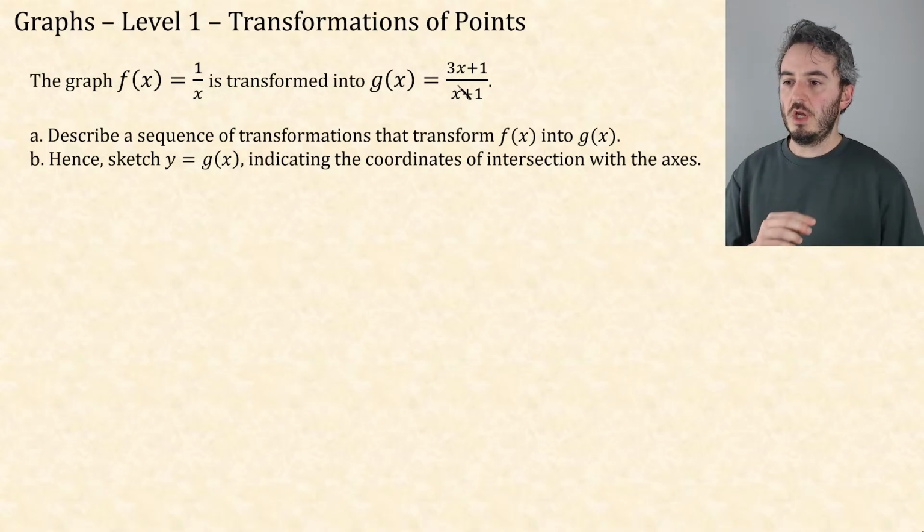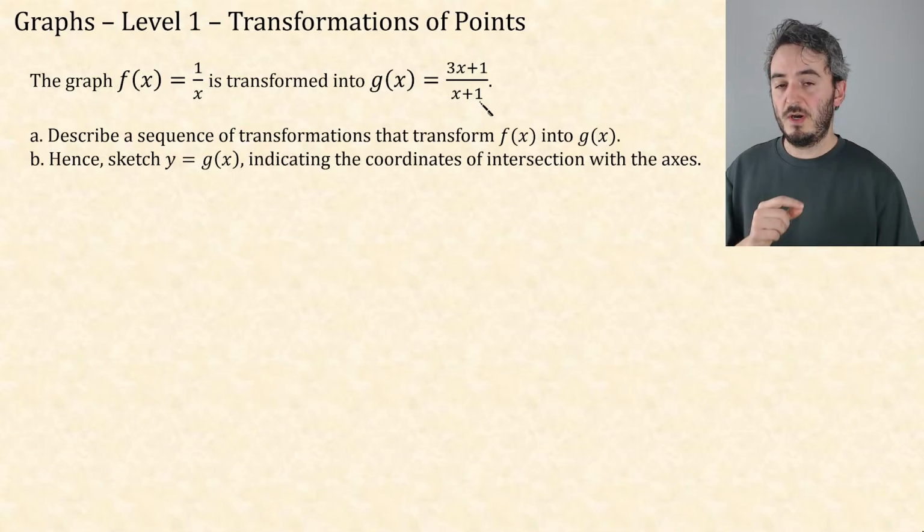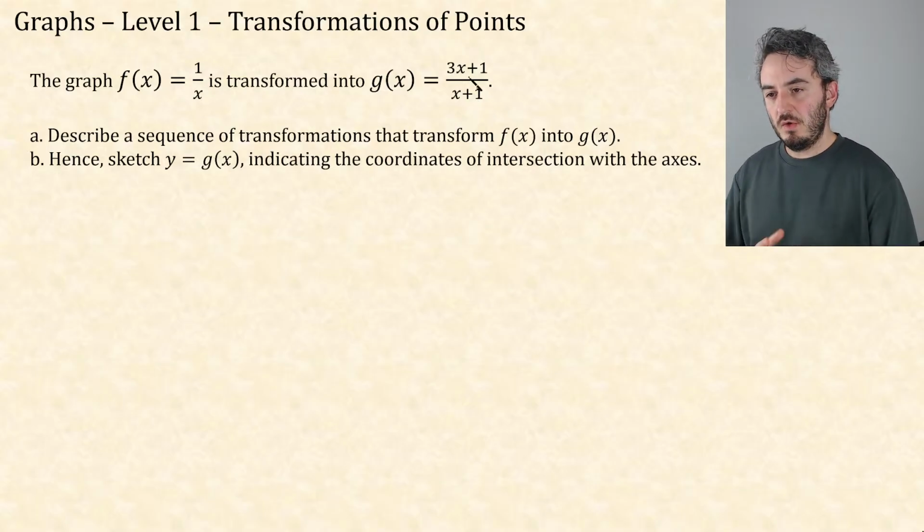I want to show you a technique for how we can show that this is a transformation of that. You could use algebraic division for this, but it's long and a bit awkward and harder than it needs to be. So here's this nice technique for this.